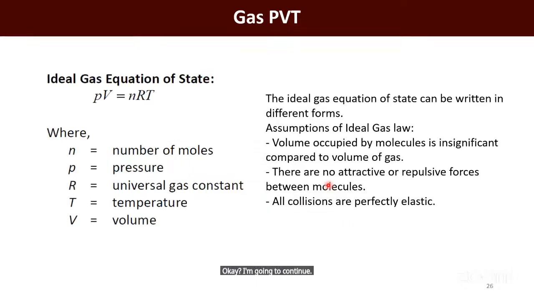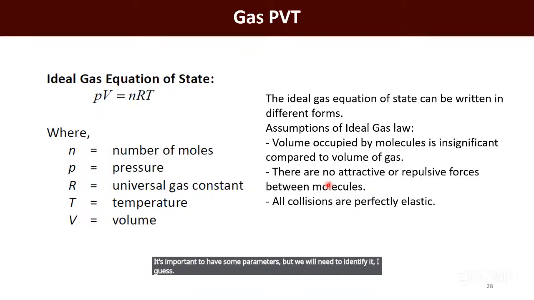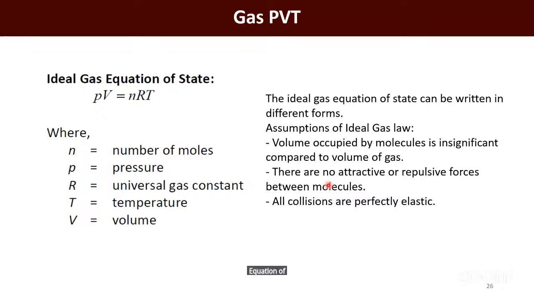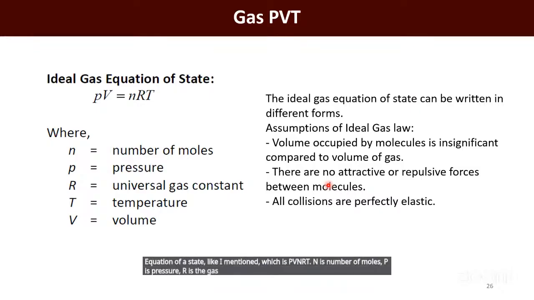For the gas PVT, it's important to have some parameters, but we will need to identify the gas equation of state, like I mentioned, which is PV = nRT. n is the number of moles, P is pressure, R is the universal gas constant, T is temperature, and V is volume.